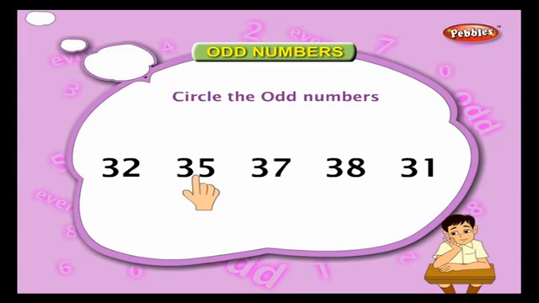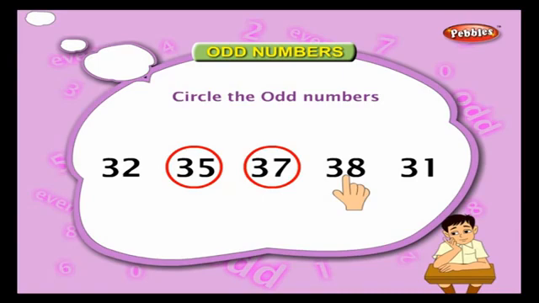Circle it. 37 ends with 7, so this is an odd number. Circle it. 38 ends with 8. This is not an odd number. 31 ends with 1, so it is an odd number. Circle it.